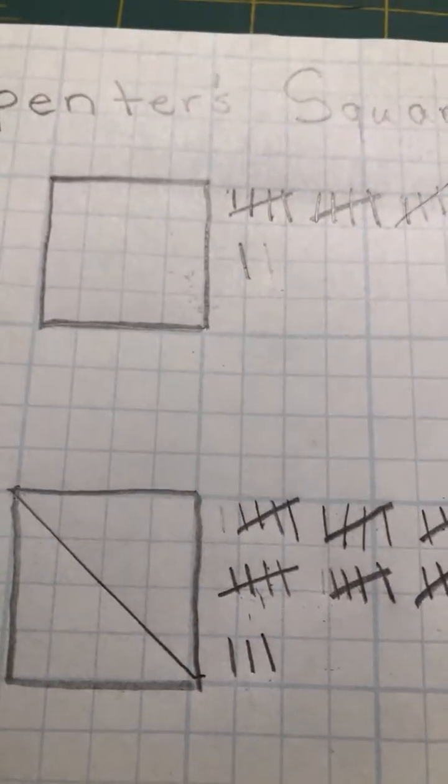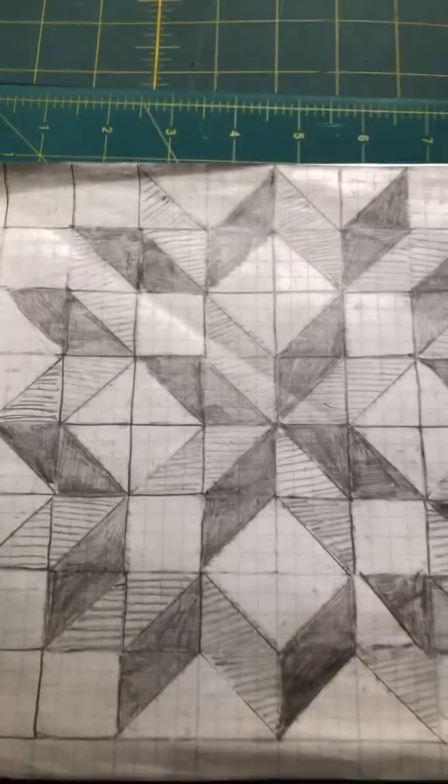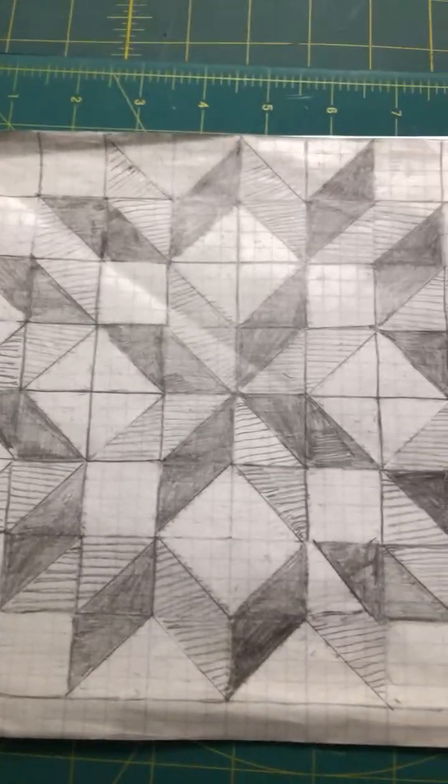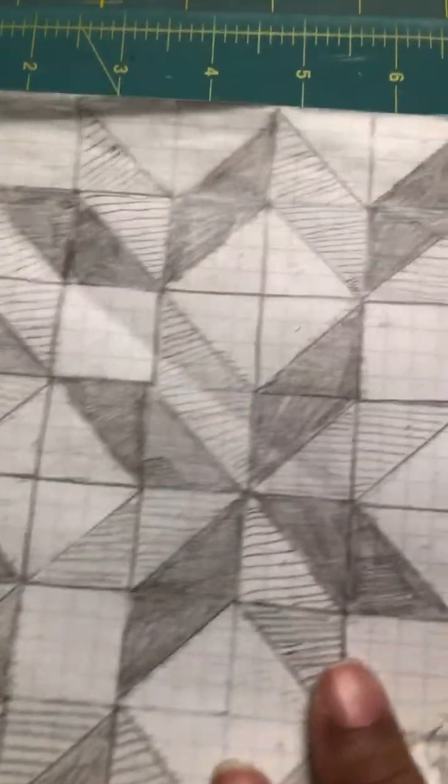But the thing about it is I don't have to keep doing this. Even though this is a bigger version of the Carpenter Star that I drew out, and this is a smaller version, I don't have to keep drawing this out.